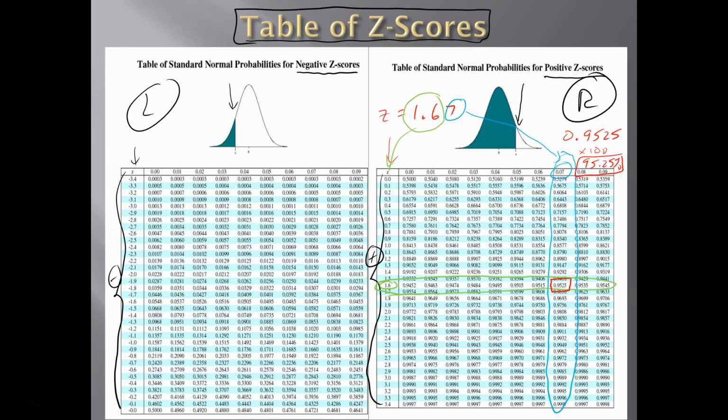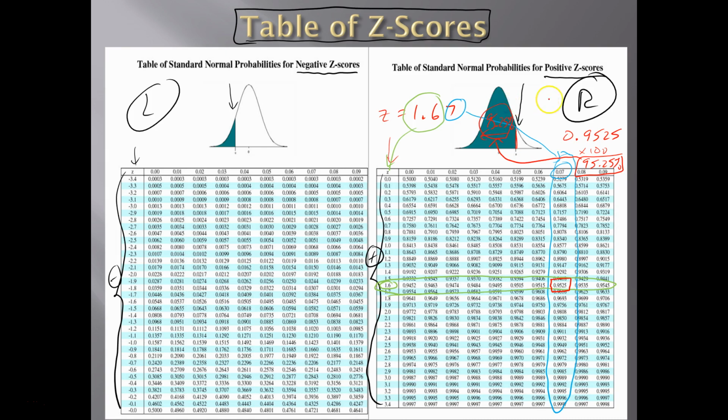Let's look at this picture up here. In this picture, notice I have the line where my z-score is right there, and then everything else is to the left. Okay? Notice there's a lot of the curve to the left and not much of the curve to the right. So this 95.25% is right there. It's telling you 95.25% of your data is to the left of that z-score.